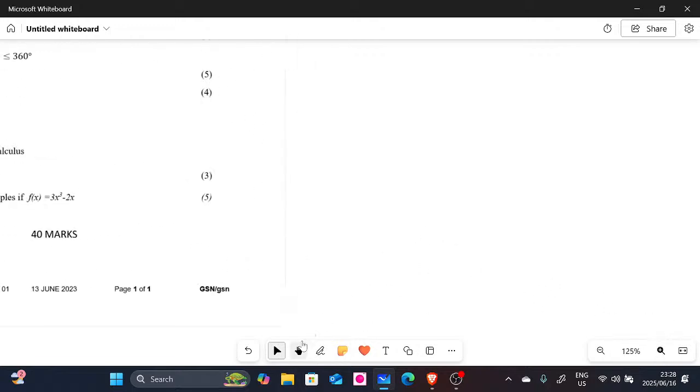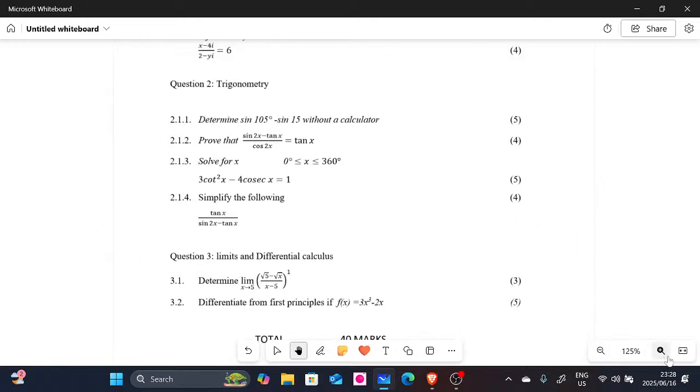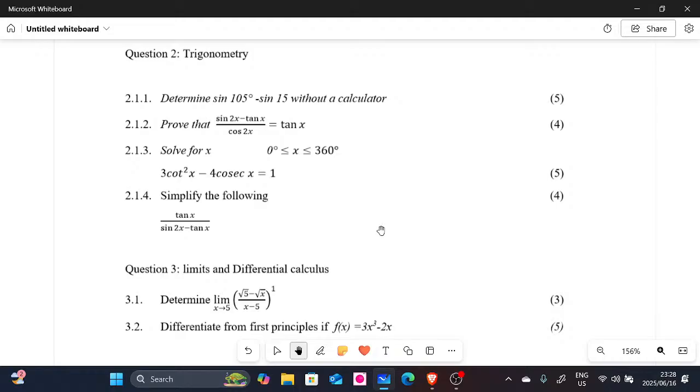We are solving for x. Let me zoom in very quickly. I think I've done this in class, but I hope this time we're going to understand it better. Now we have question 2.1.3, guys. They want us to solve for x, and they give us the domain.